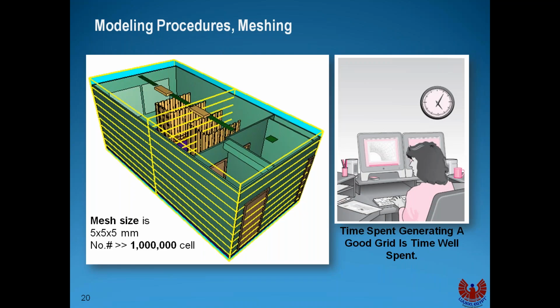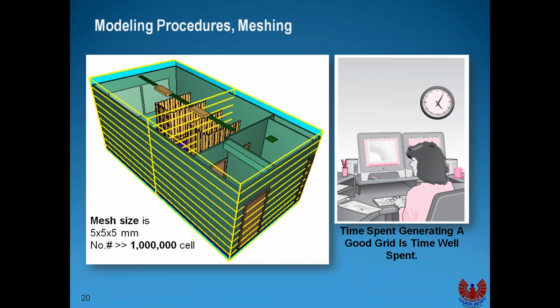Now for the modeling procedure, we have to make the meshing. At the beginning, to think about the meshing, you have to think what you want to see in this room. If you want to see the air coming from the outlet, this means that to allow the CFD tool to see the outlet, it shall have some points inside this outlet, inside the 3 centimeters or 5 centimeters separated in the outlet.